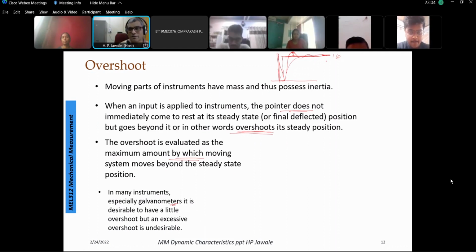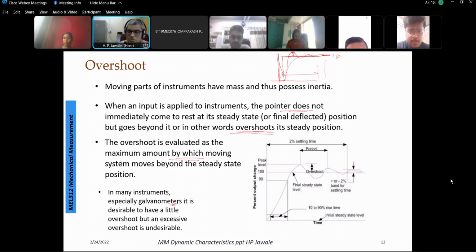You can see the pattern. As the overshoot value is minimal, we find it takes a smaller time to show the steady response. The measurement will be more steadily observed, right? So now this is the diagram. We have already represented a few parts of that, but definitions are given here.